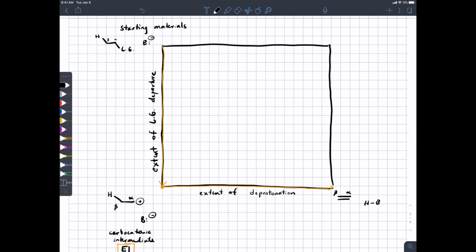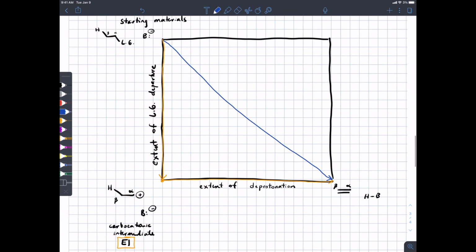If we have the leaving group leave at about the same time as the base removes the proton, that would be a path straight across the middle, and that would be sort of the concerted E2 pathway, right? And there would be some transition state there where the leaving group will have partially left and the proton will be partially removed.